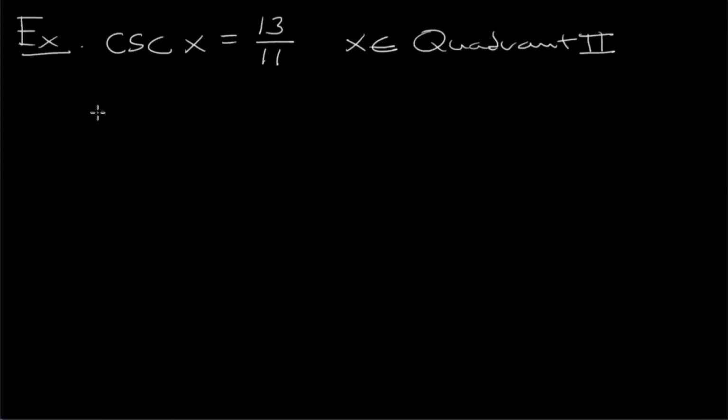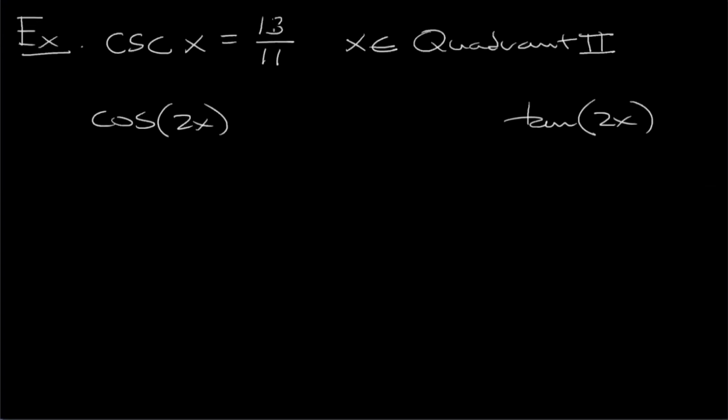We'll go ahead and find cosine of 2x, and then we'll find tangent of 2x. And I think that hits all of the areas where people might get stuck.